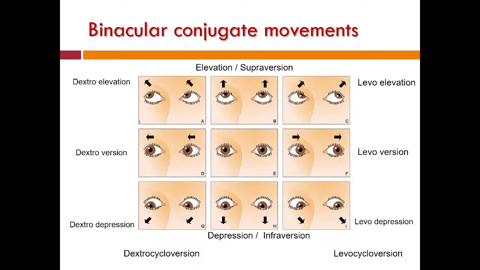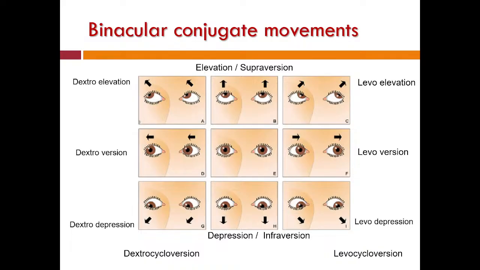Looking up with both eyes simultaneously is supraversion or elevation. Then depression or infraversion is both eyes looking down. You have to test these binocular movements: looking up and looking down.